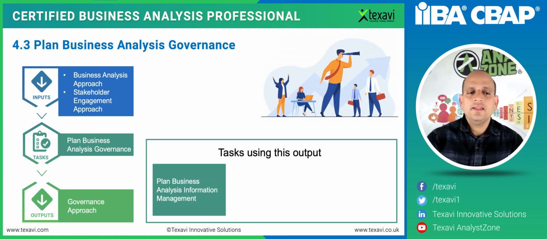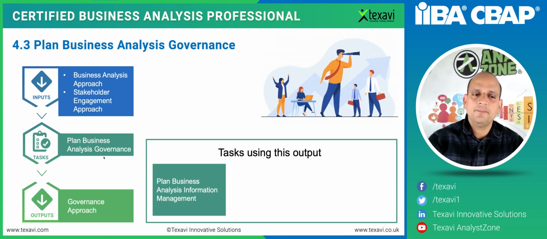In this one, the inputs are the ones we created earlier: the business analysis approach, which was the output from the first subsection, and the stakeholder engagement approach, the output from the second one, 1.2. Those become the inputs for this activity.